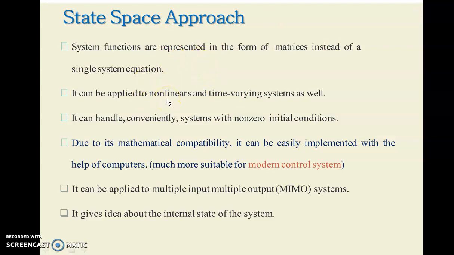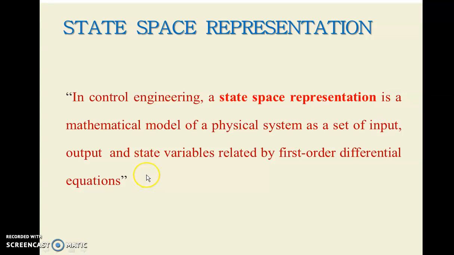It can also be applied to nonlinear and time variant systems as well. It can handle systems with non-zero initial conditions, and due to its mathematical compatibility it can be easily implemented with the help of computers, which is much more suitable for modern control systems. It also gives the idea of the internal state of the system.